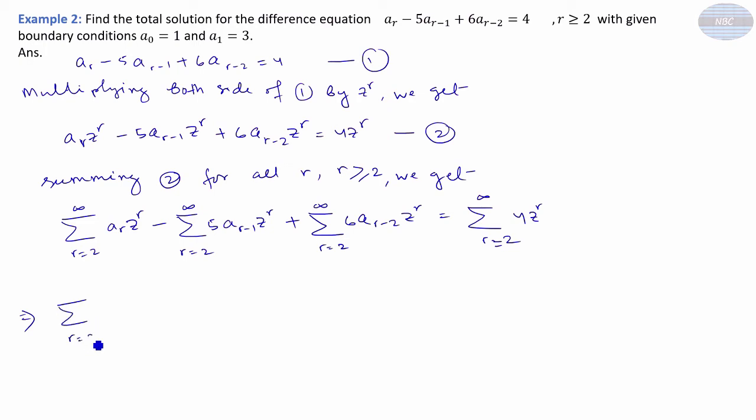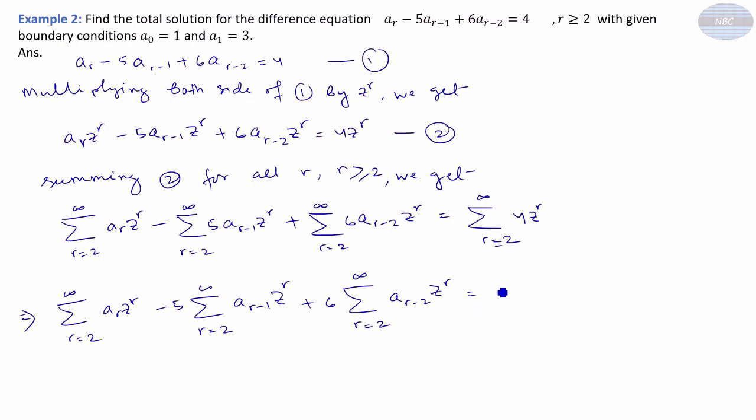Summation r is equal to 2 to infinity, there is no constant here, so ar z to the power r, minus 5, which is a constant taken out, summation r is equal to 2 to infinity ar minus 1 z to the power r, plus 6, a constant taken out from the summation, summation from r is equal to 2 to infinity ar minus 2 into z to the power r is equal to, here 4 is a constant taken out, summation from r is equal to 2 to infinity z to the power r.